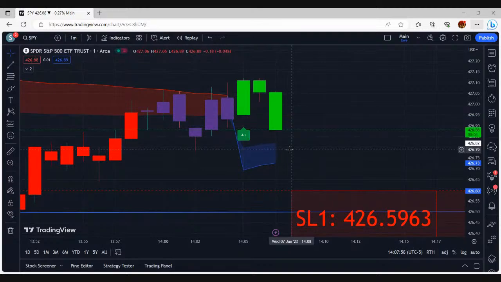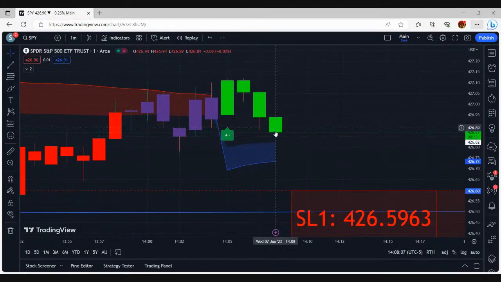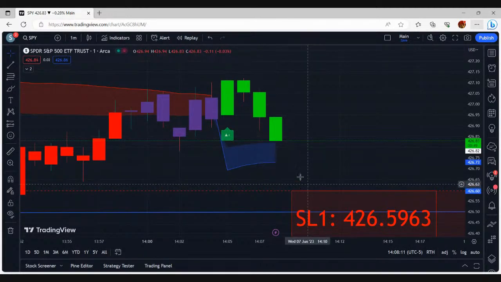Big red candle comes in immediately. I'll be putting all these in the spreadsheet though, so you guys can look through it and see. But yeah, so far this is kind of nasty. Hopefully we see some support here.